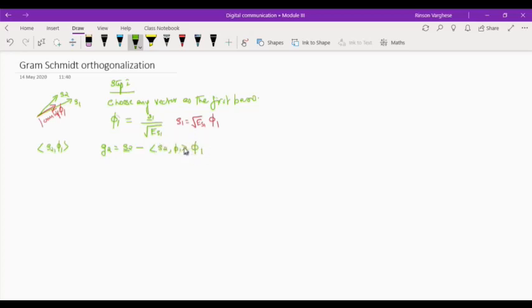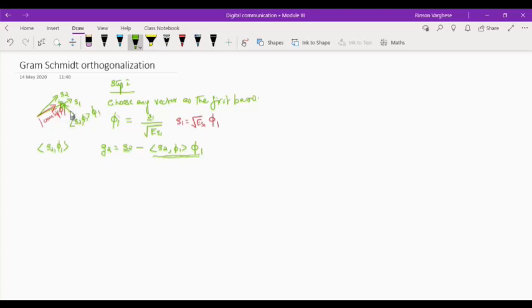So this entire thing is this vector, S2 phi1 into phi1.